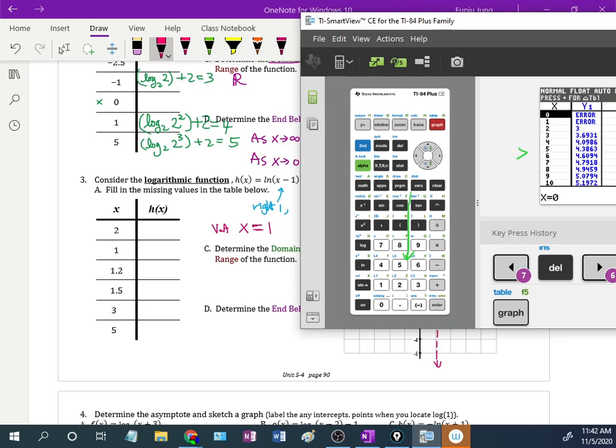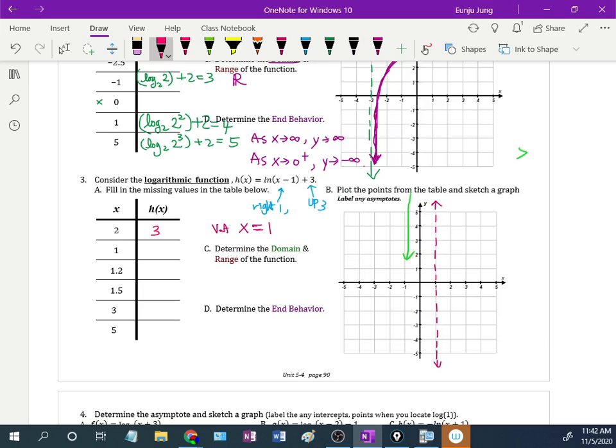At 2, we have 3. Let me move the calculator here. At 1, error. What does that mean, error? I don't write error in my table, and I need to say undefined. There is no number for that, undefined. Why? Because we have a vertical asymptote.